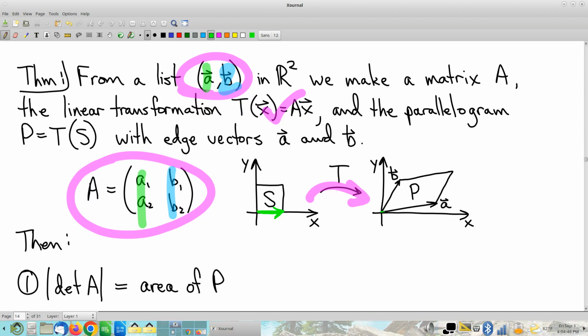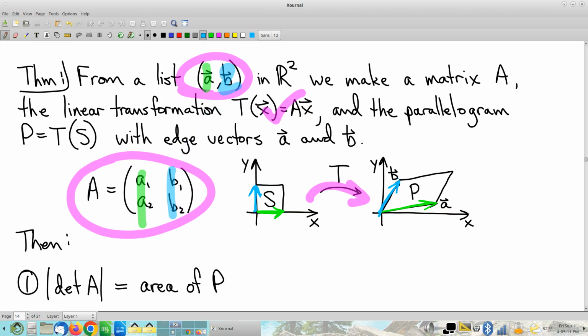And of course, it gives you the first column, namely the first vector, A. And along those same lines, you can ask, what does it do to the second standard basis vector? We love standard basis vectors. It gives you the second column, namely B.